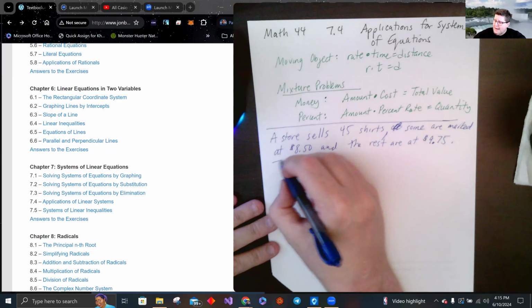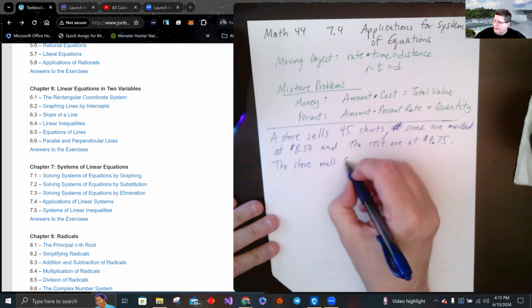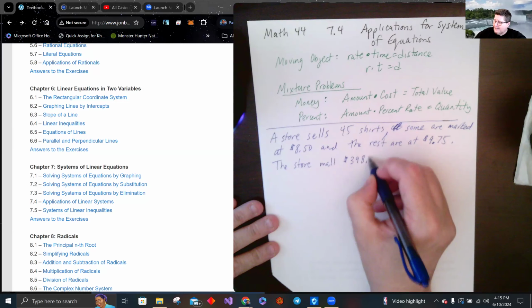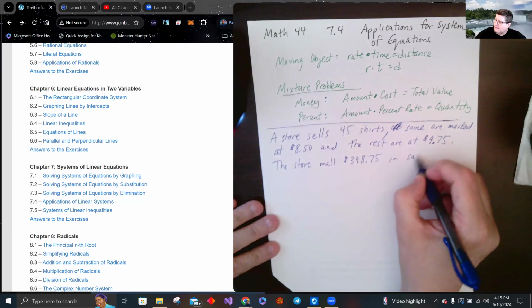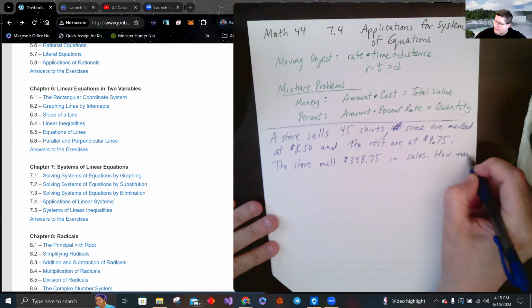The store made $398.75 in sales. How many of each type of shirt did they sell?